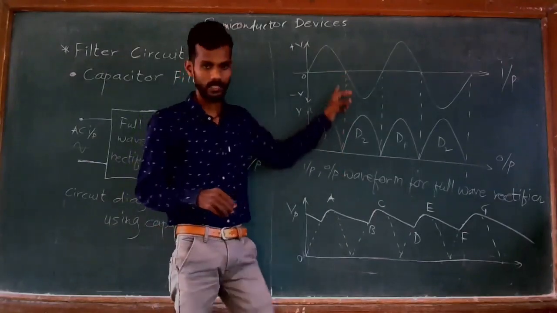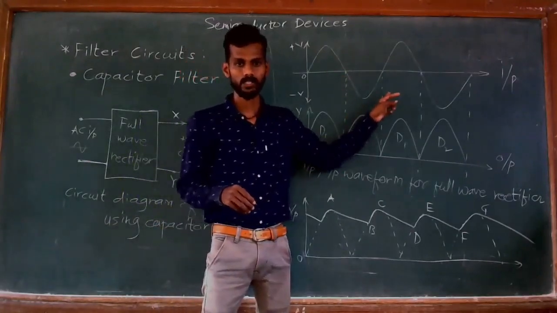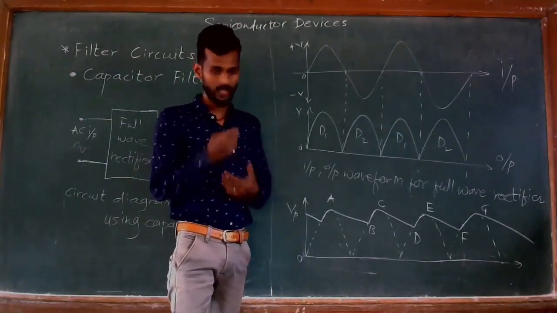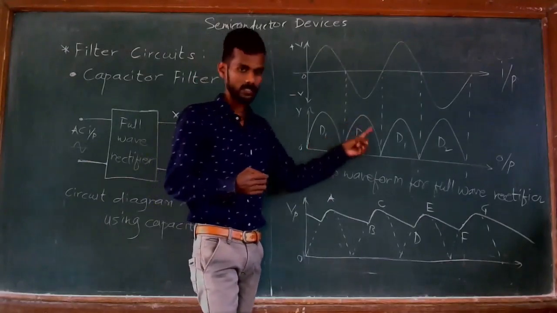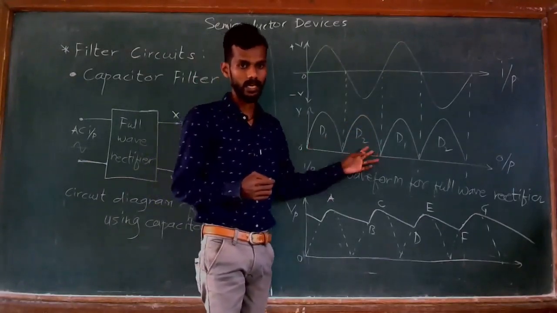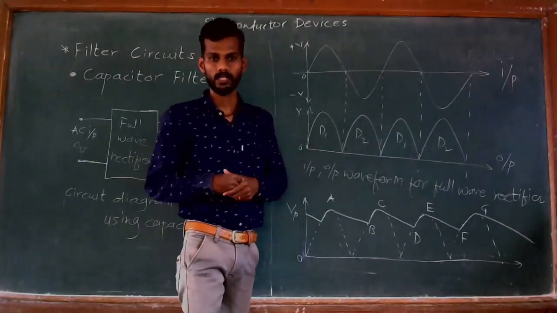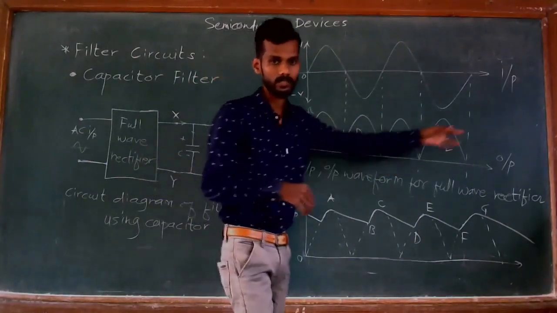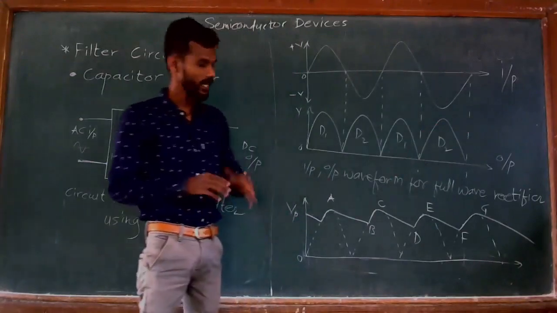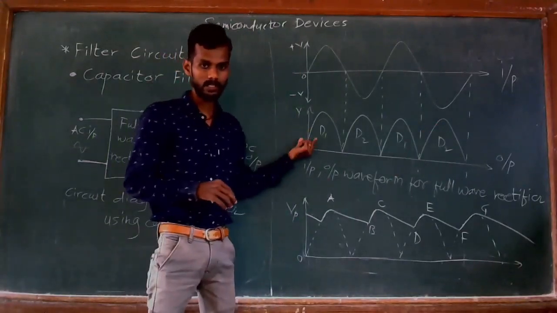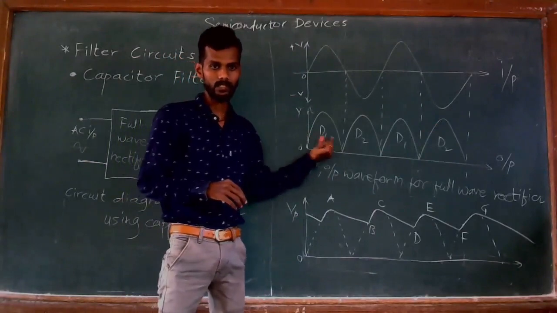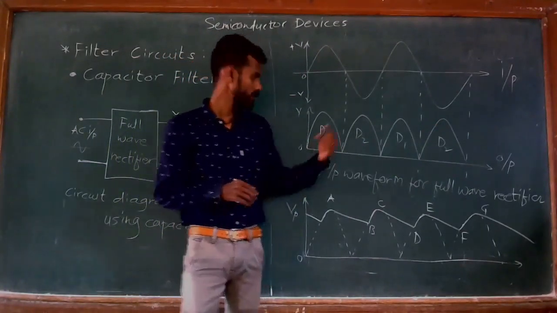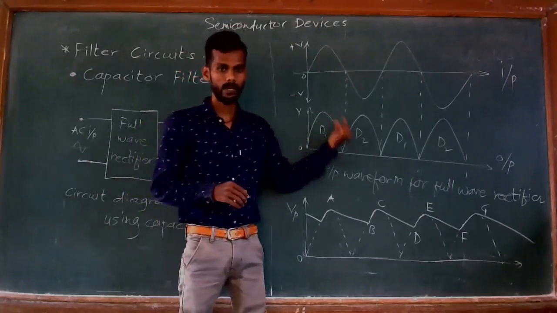When the negative half cycle is going on, diode D2 becomes forward biased and again we get an output like this, and this process goes on repeating. But the diagram clarifies that this output is not purely DC, because there is some ripple.